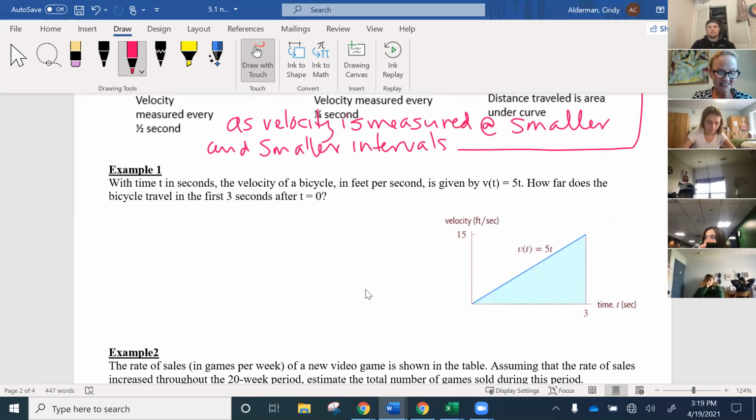All right. Now, in this example, and there's maybe two like this on your Wiley homework, if we buy into the fact that the distance traveled is the area under this curve, we call this a curve just because we call all graphs curves in calculus, but it's really a straight line, right? So this is linear.